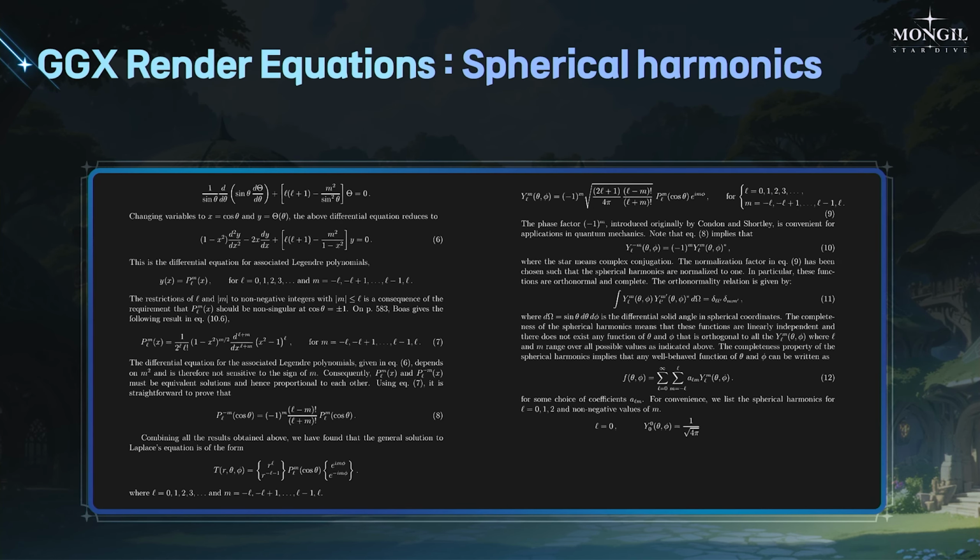Spherical harmonics is another commonly used equation in computer graphics, primarily for representing light based on its directionality. Lower order harmonics require very little computational power, but can only express low-fidelity results.